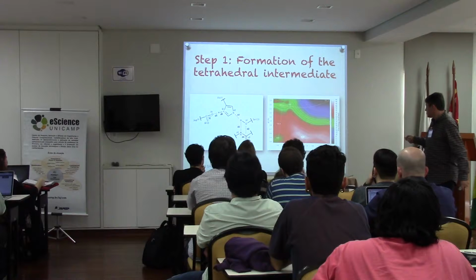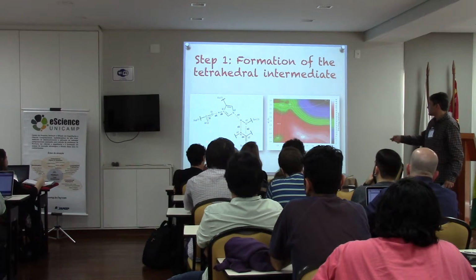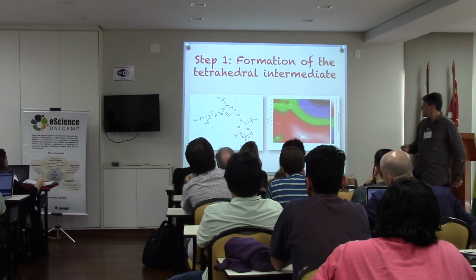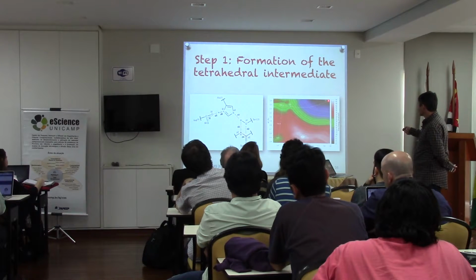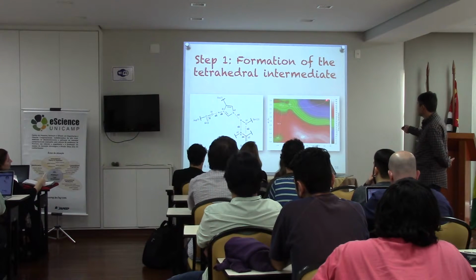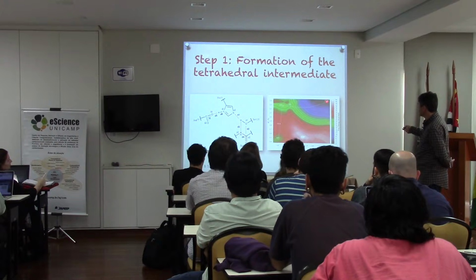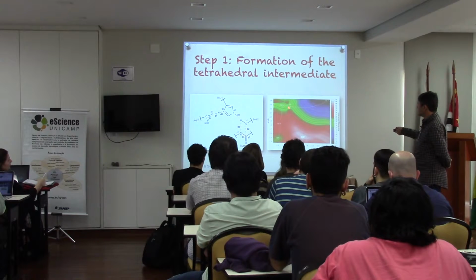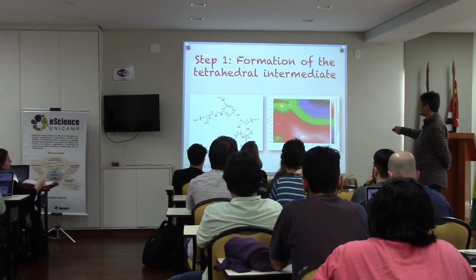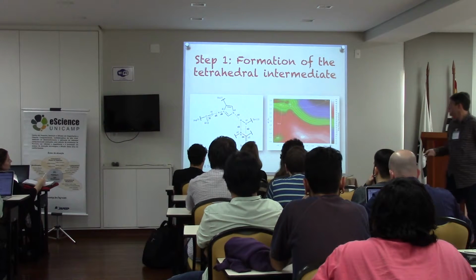So this is showing you the results of this first part, and we found some interesting things here. We'll start from the enzyme substrate complex here, because there's a first transition state, and then it really does form this proton transfer intermediate here.